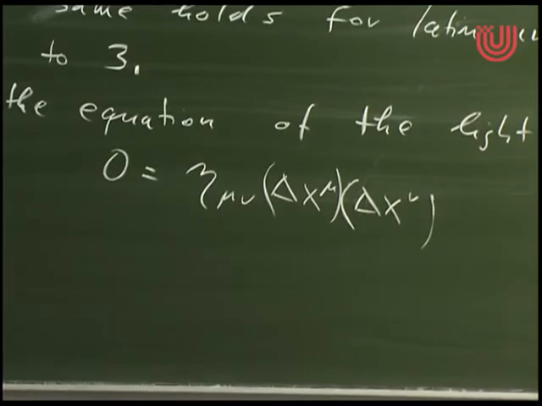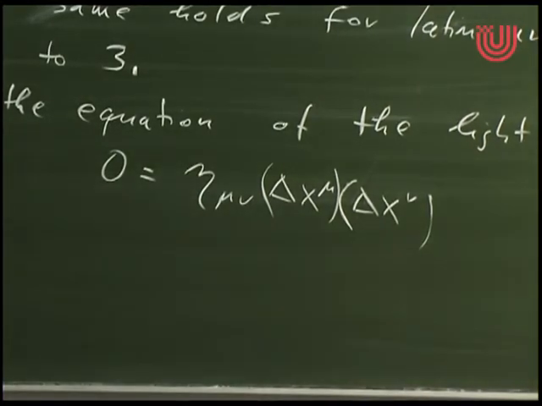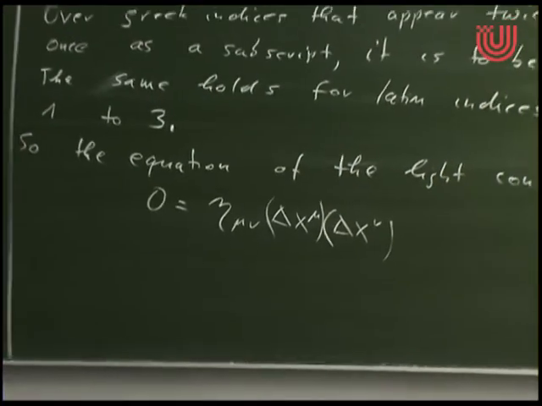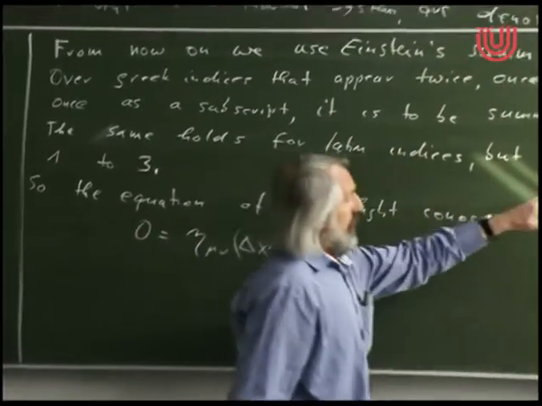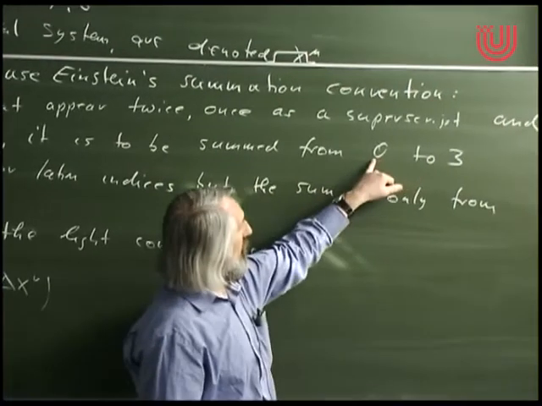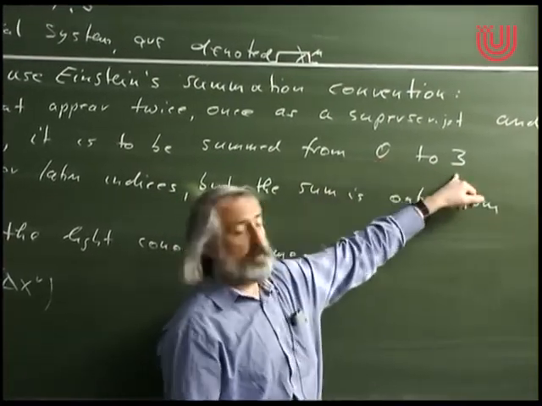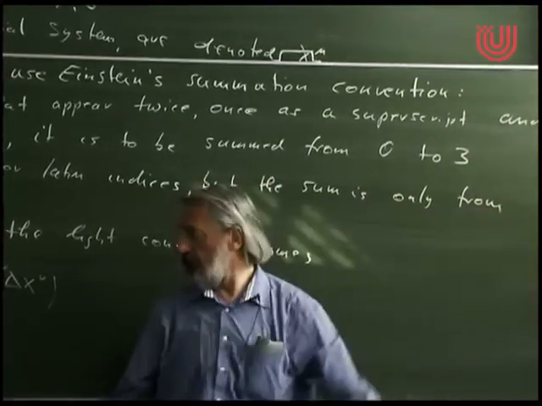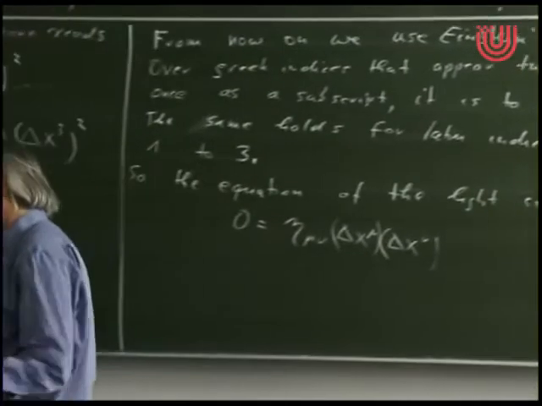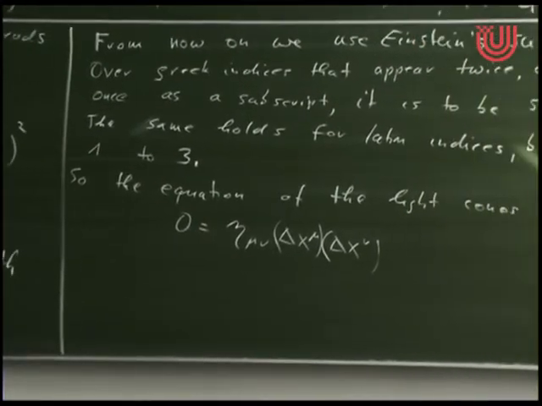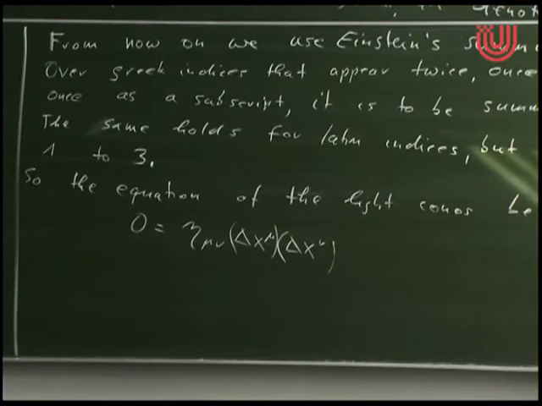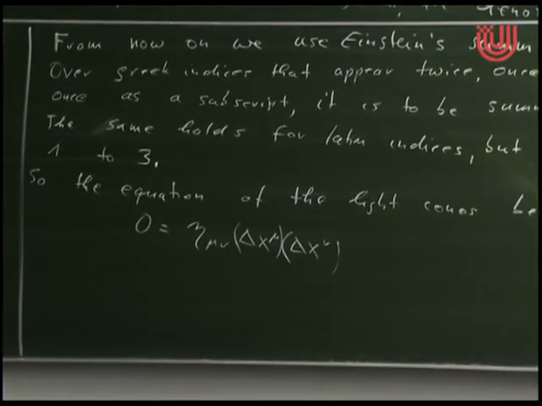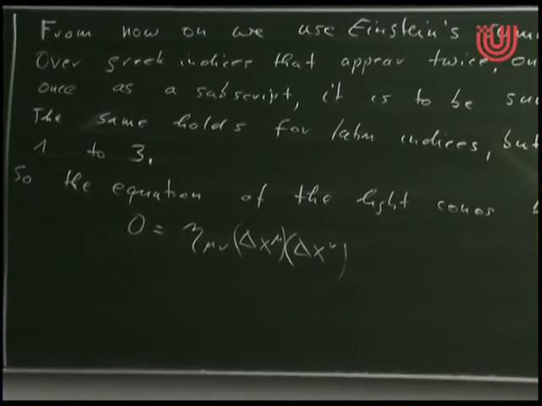I said already that other people use other conventions. Some people use Greek and Latin indices just interchanged. I already mentioned that some do not label the space-time indices from 0 to 3, but rather from 1 to 4, so they have the time at the end. You have to be careful when you compare different books. You just have to look up which particular conventions this author is using, and then you have to adapt to this convention. And there's also an ambiguity as to the sign of the eta.